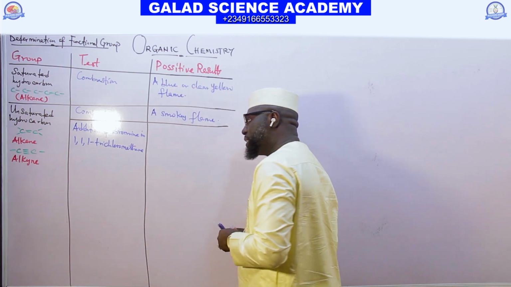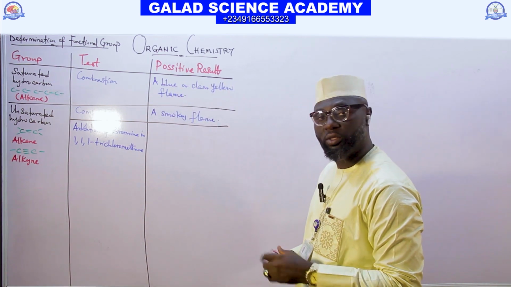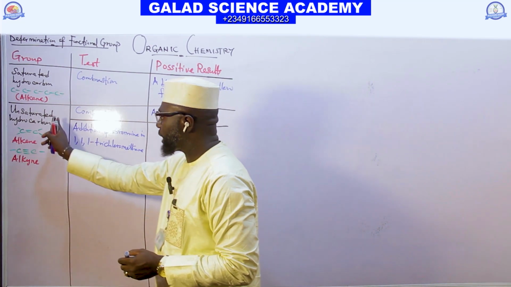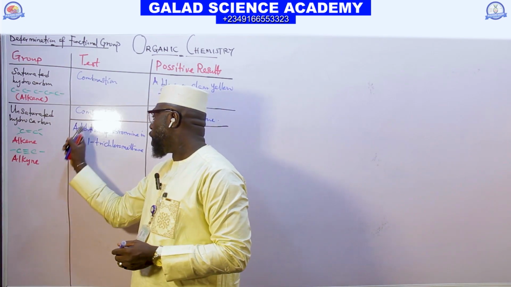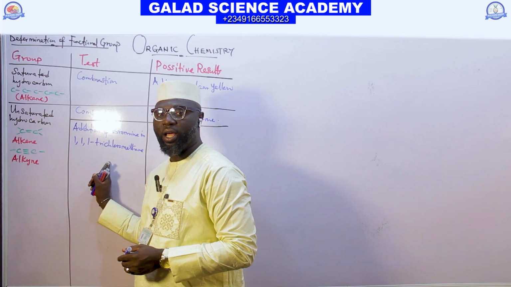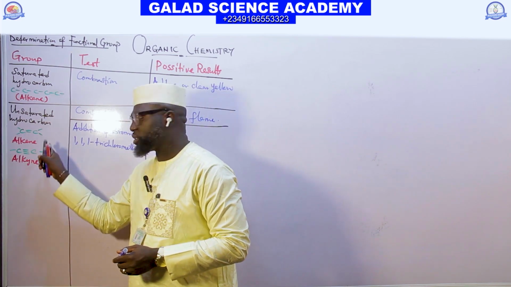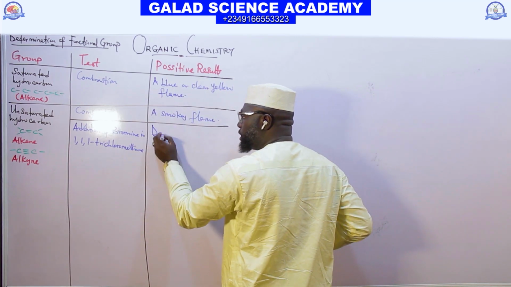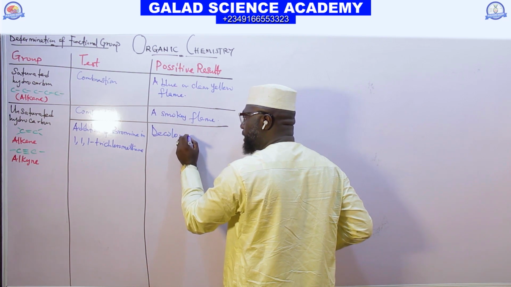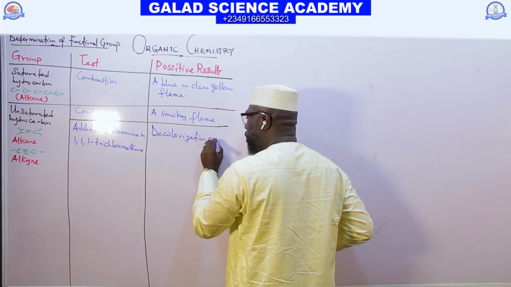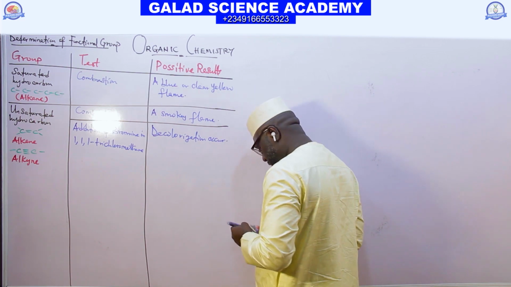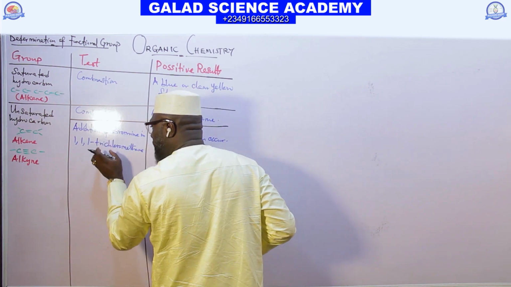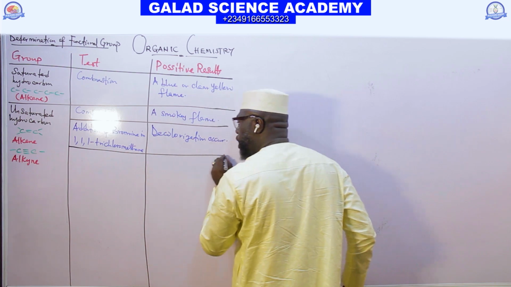When bromine in 1,1,1 trichloromethane is added to unsaturated hydrocarbon, the color of this bromine is brown. So when it is reacted with unsaturated hydrocarbon, decolorization occurs. That is, it changes the brown color of bromine to colorless.